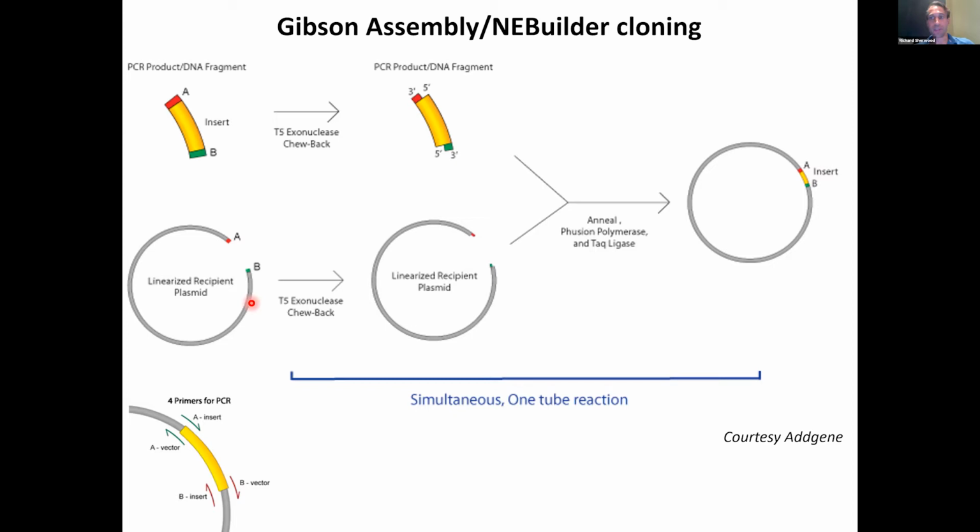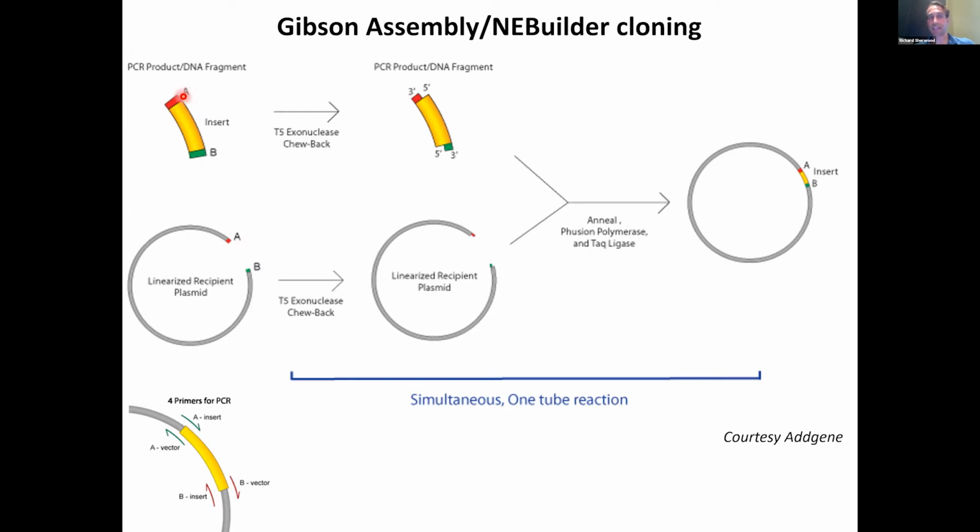Now, the cool thing about these reagents is that they actually work within a sequence range. So if you want to get rid of a restriction enzyme site, you can just put the 20 base pairs of homology with the recipient plasmid a little upstream of the restriction enzyme sites you use to cut. And when it comes together, those restriction enzyme sites will be gone.